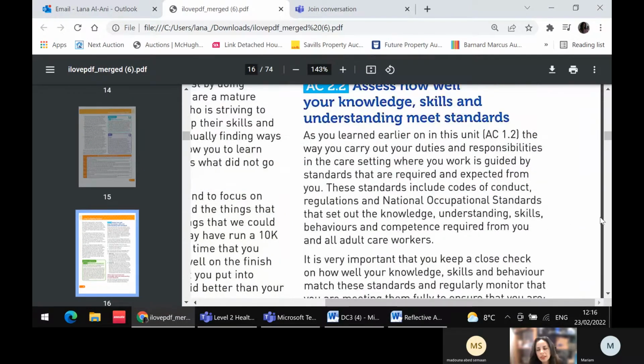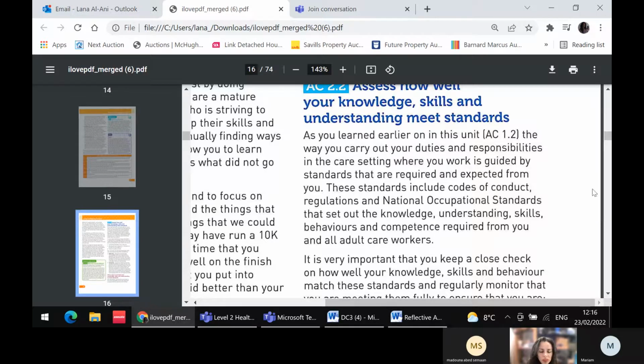So for me, as someone who works in care, I always make sure I check and reflect on my own knowledge, skills, and understanding to check if I meet the standards.